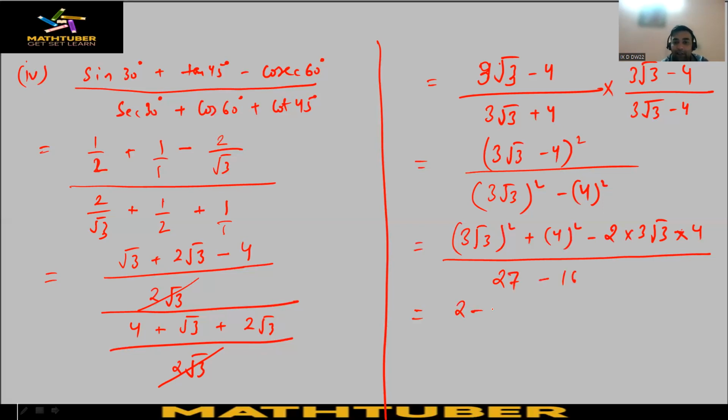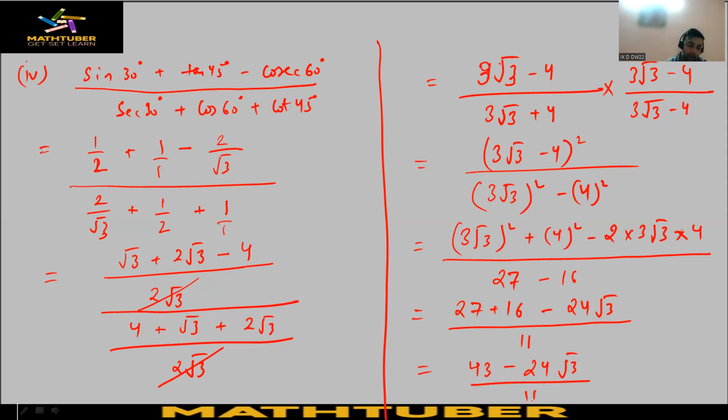So 27 plus 16 minus 24 root 3 upon 11. After adding these, you will get 43 minus 24 root 3 upon 11, and this will be your final answer, right? So you can try the fifth part by yourself.